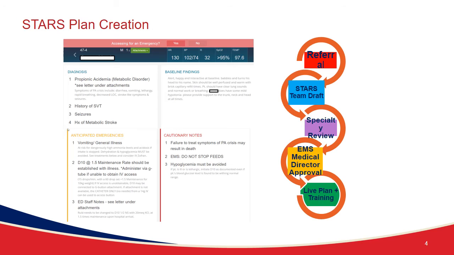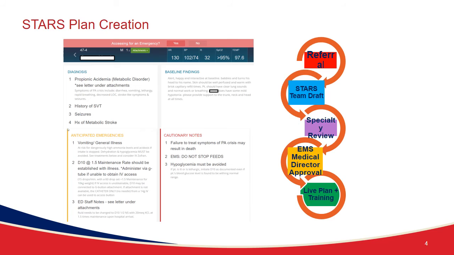Those referrals come in either from the field or from within our hospital, from our discharge coordinators at our NICU and our TCU or our ED. Then we get double checked on the plans. We have paramedics working as the STARS program liaisons and coordinators at the hospitals. We write the plans and then we get them double checked at the specialty review level, whether that's just our medical director for our programs, which is currently Dr. Laffey at Cardinal Glennon, or Dr. Siegler over at Children's.